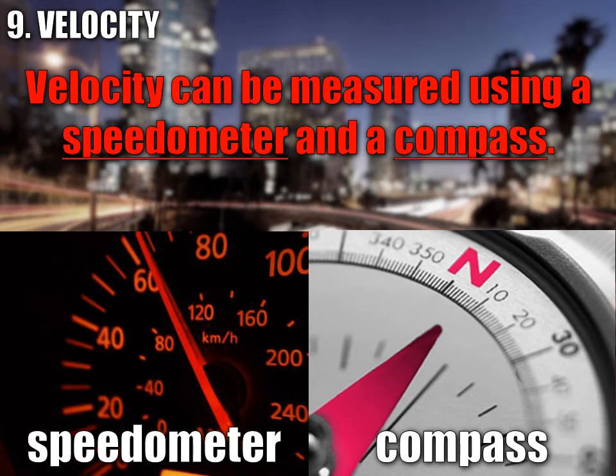So it's not enough to just know the speed. You can't just use a speedometer and say that's my velocity. No, you need to know the direction. You need to have a compass and a speedometer if you want to measure an object's velocity. Please understand the difference between velocity and speed. It's a very subtle difference, but it's extremely important to understand. Velocity includes direction, and speed does not.